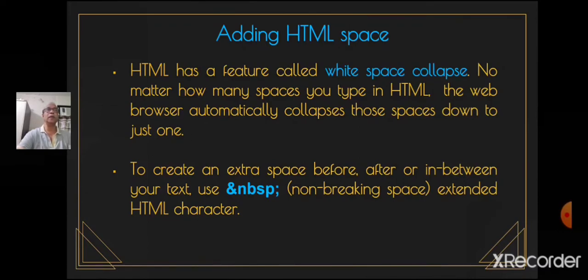So what is NB? It stands for non-breaking and SP stands for space. For example, typing hello and ampersand sign NBSP semicolon there would result in an extra space between hello and there.